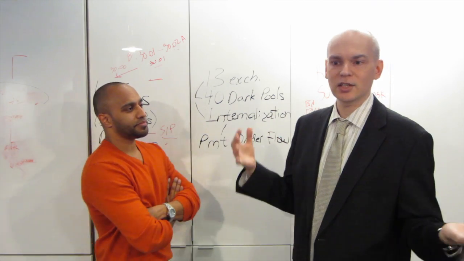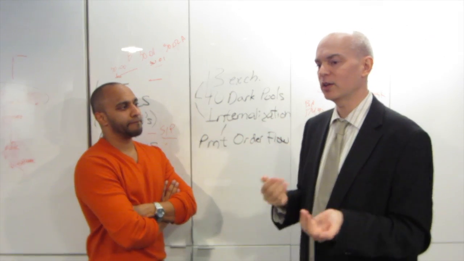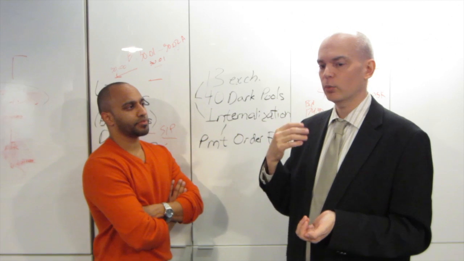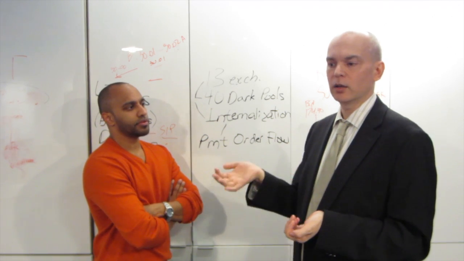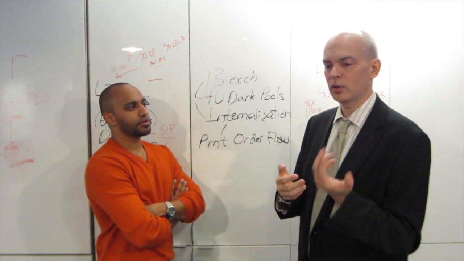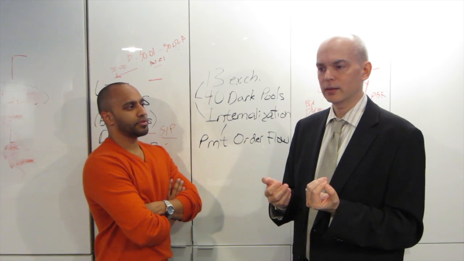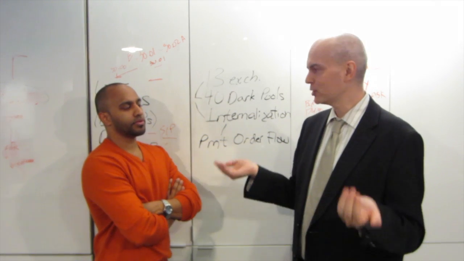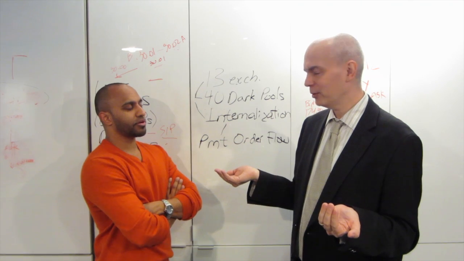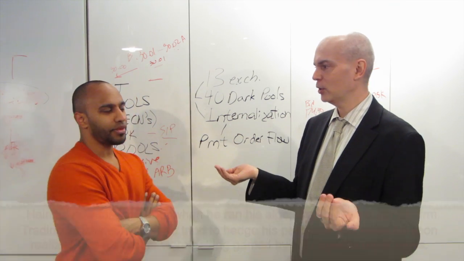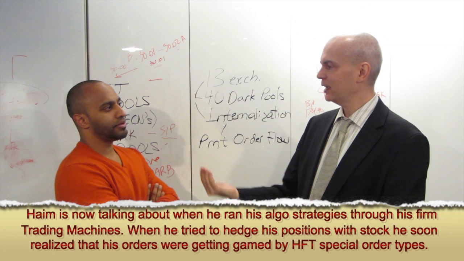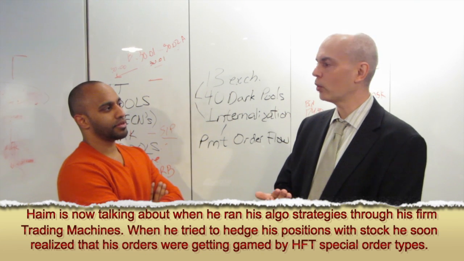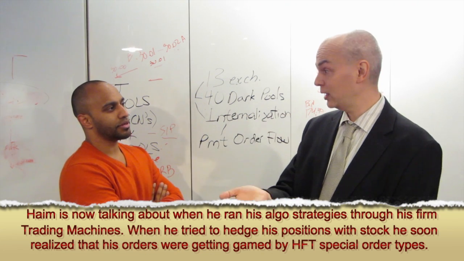Again, in my experience, when I was hedging stock and trying to do this, I noticed that in essence I was the market maker, because I was taking the other side of those orders that were sourcing liquidity.